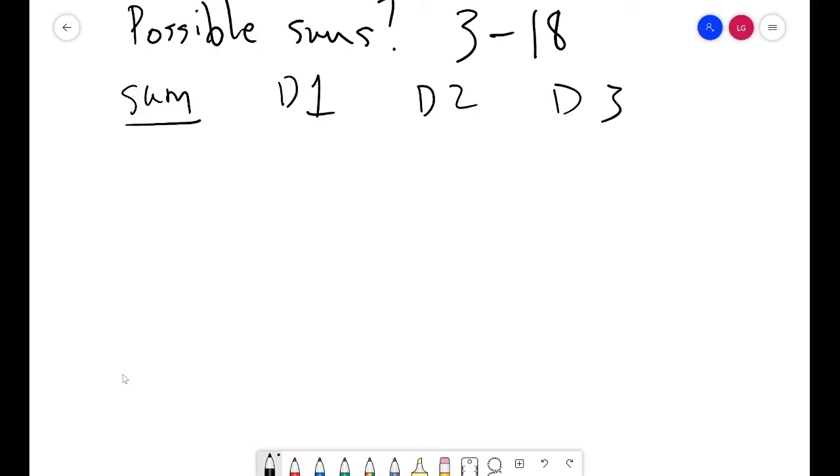It's difficult to make the two-way table with 3 dice. And in fact, we might run into a situation where we're having difficulty counting altogether. Why is that? If you remember, the 6 by 6 table yields 36 possible sums.